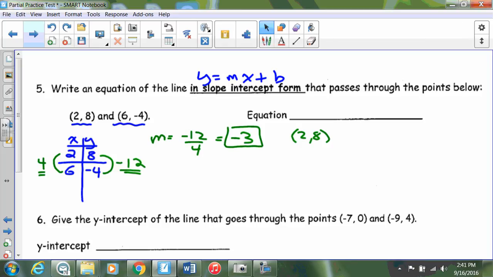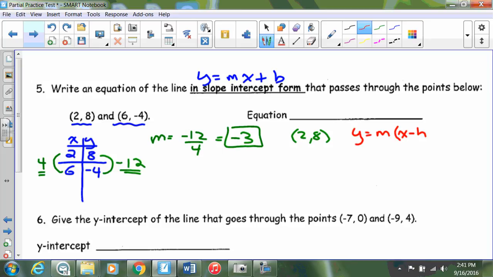We are going to go ahead and write our long formula, our point-slope formula. And here we go. We're going to plug it in again. When I see y equals, I write y equals. When we see m, we know we need slope, so we're going to plug that in. We see an x minus, we're going to write that. We see an h, we're going to plug in a 2.